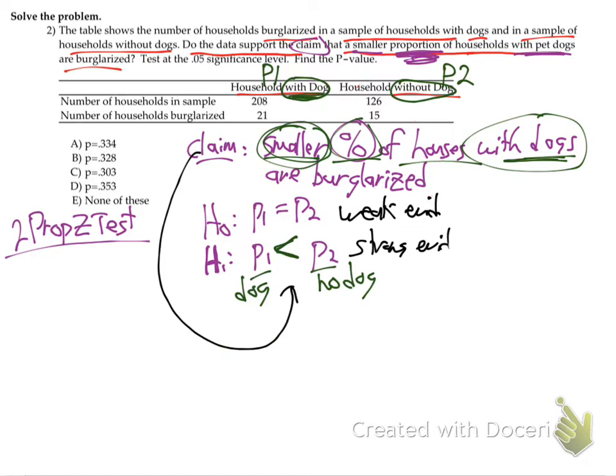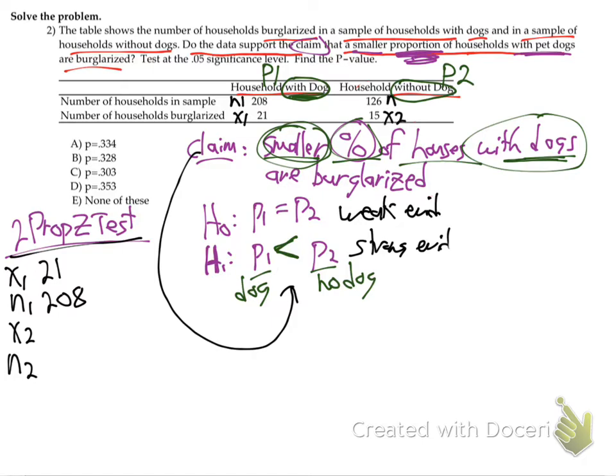All right, so let's do the 2 prop Z test on our calculator. Down on number 6, you get x1, n1, x2, n2. This is x1 and n1: 21 and 208, because n is always the total number.